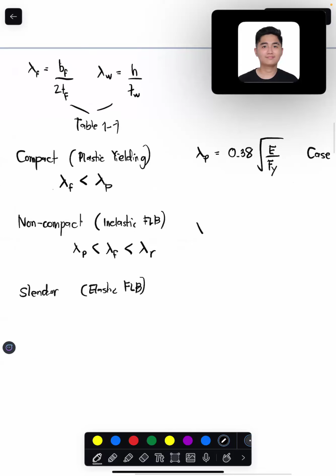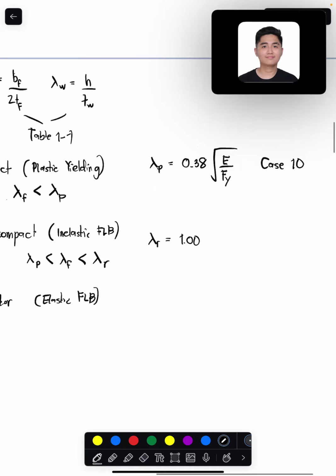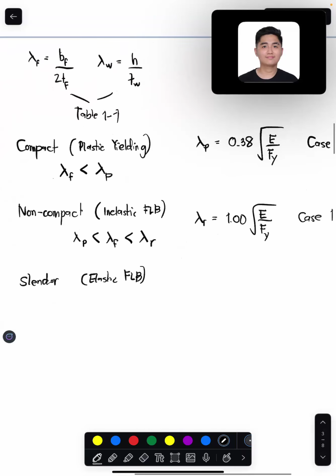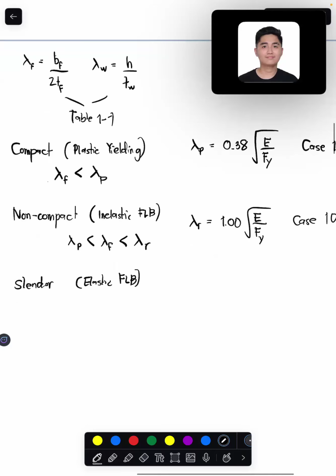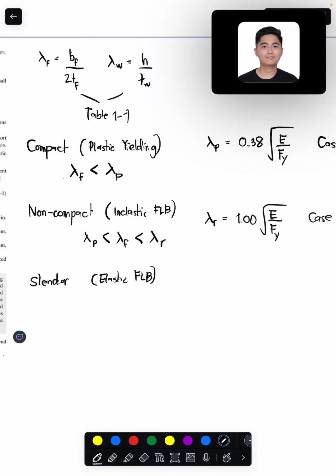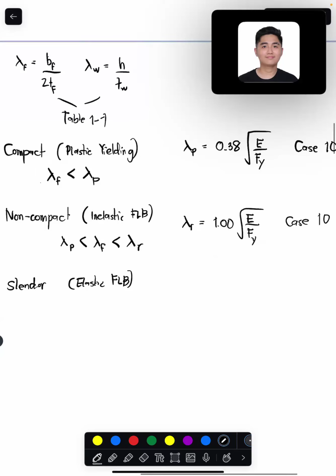So yung lambda R mo rito ay equal to, if we take also yung case 10, E over F sub Y. So ito yung case 10 left. So kapag nag-fall between the two yung width to thickness ratio mo, it falls under non-compact.